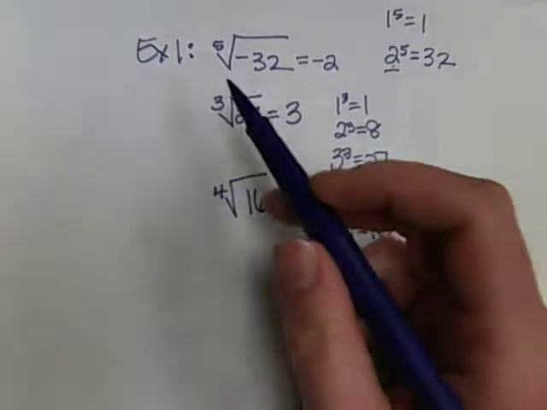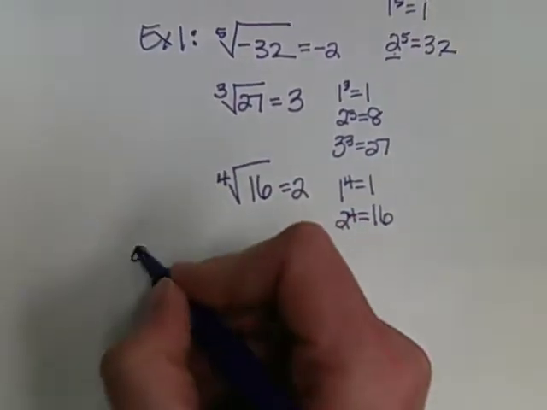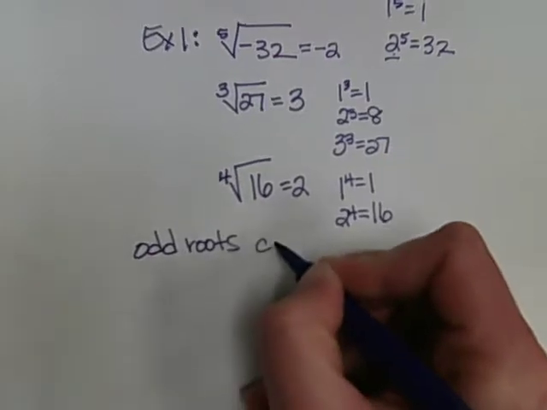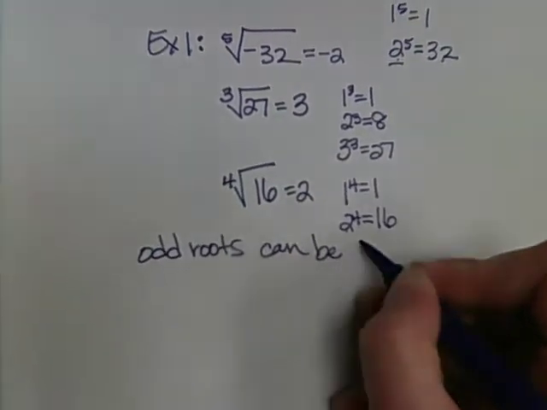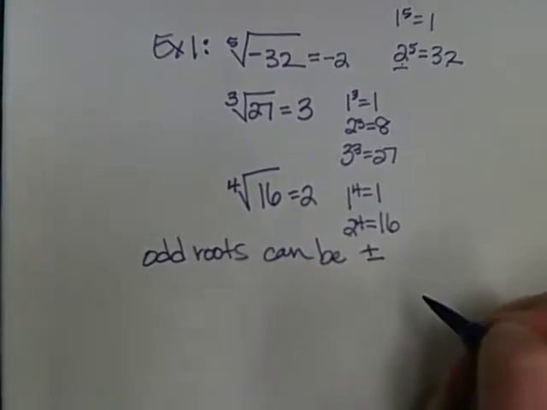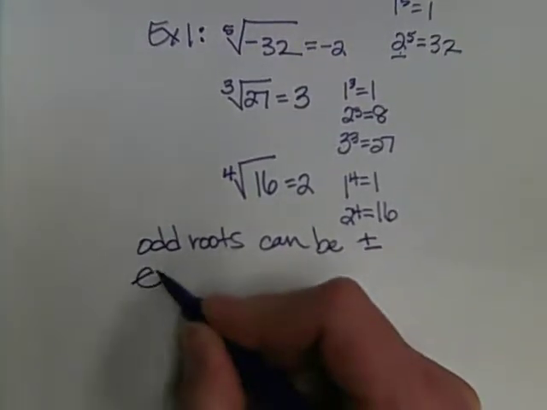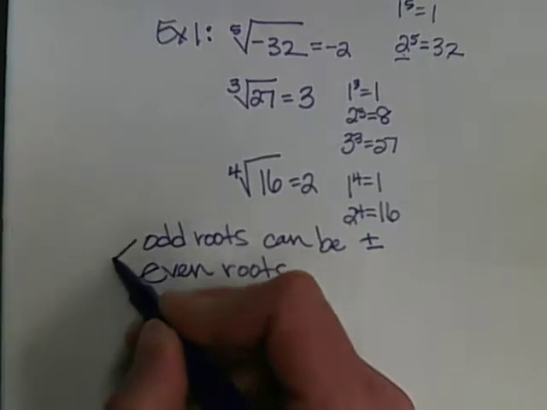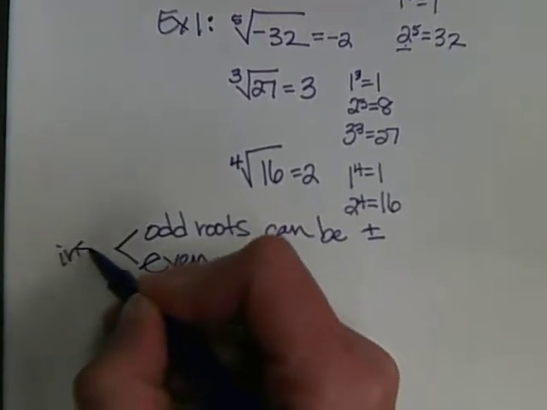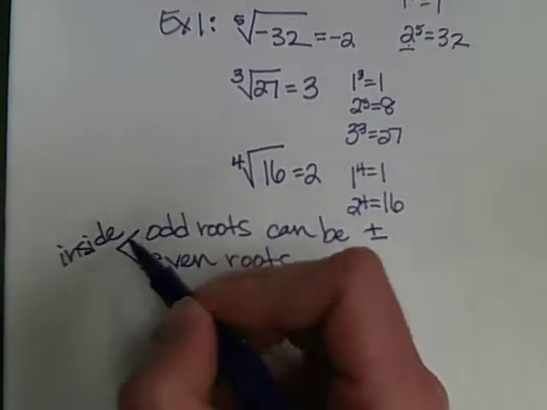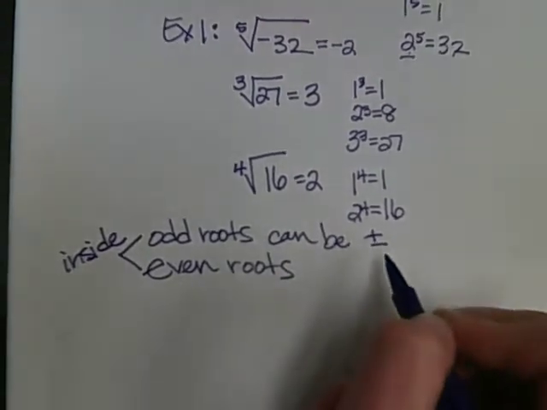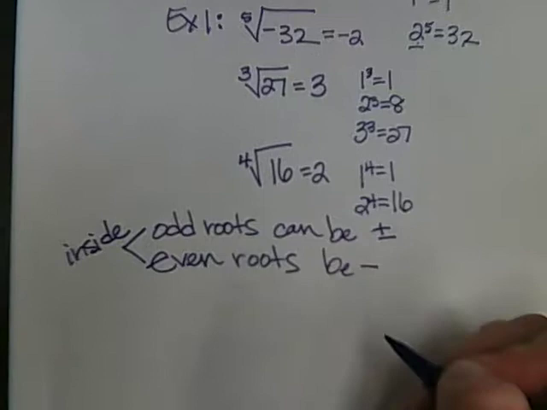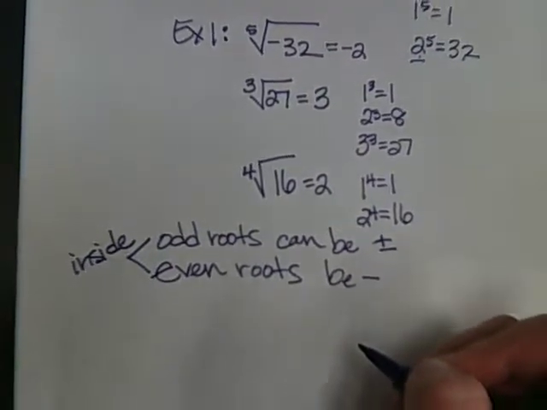Now, I just want to remind you, when we're talking about negatives inside the roots: inside odd roots, you can have positive or negative, but inside even roots, you can't have a negative.